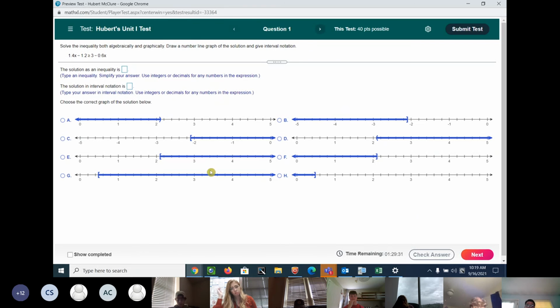All right, so here's the question. And it says solution inequality. So let's go through and do that problem because y'all know how to do inequalities. 1.4x minus 1.2 greater than or equal to 3 minus 0.6x.